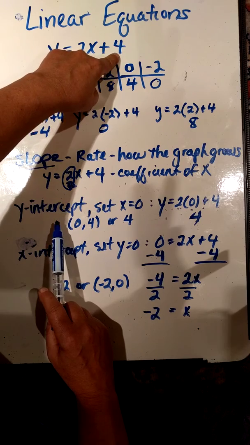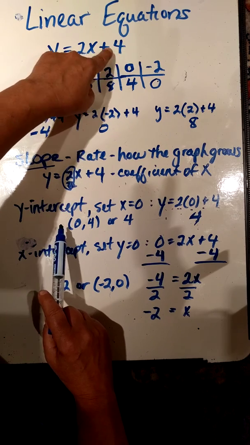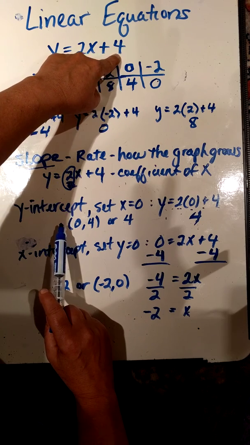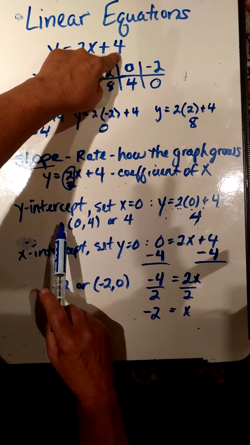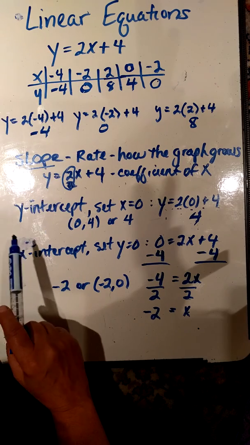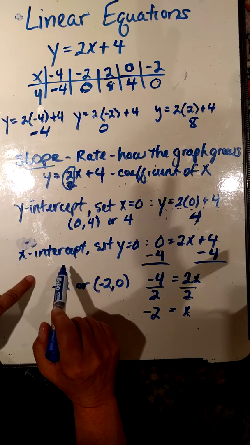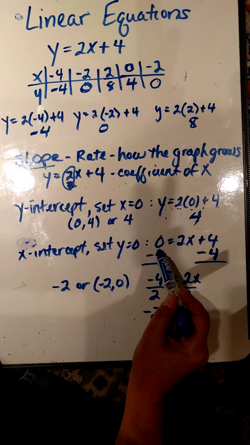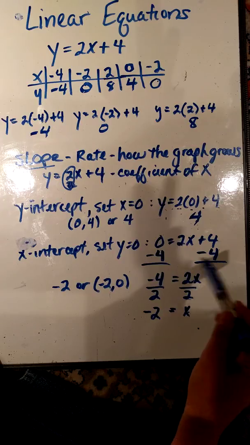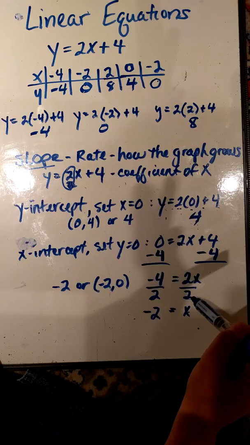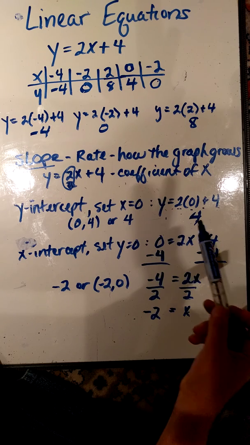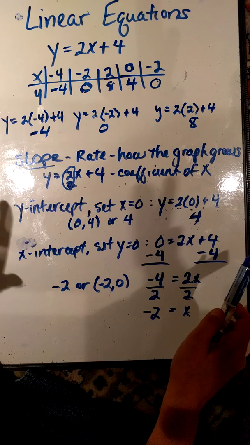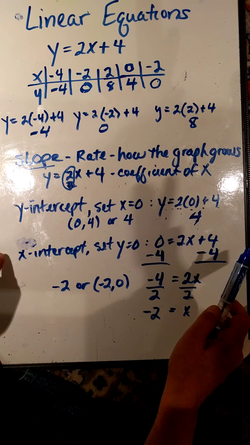If it's a 4, it's 4, and if this was minus 4, it'd be negative 4. Just remember, the sign on the left goes with the number on the right. But the x-intercept, you'll always have to solve for. So remember, we set y to 0, and then solve for x using how we know to solve equations. We'll talk more about this and see how it's used in real life. But for now, just understand these three terms: slope, y-intercept, x-intercept.